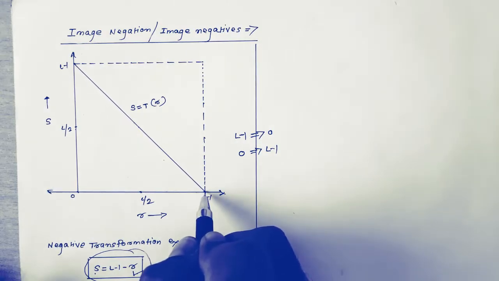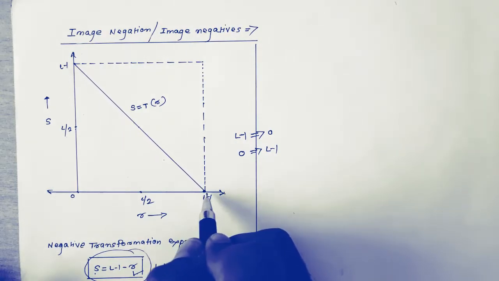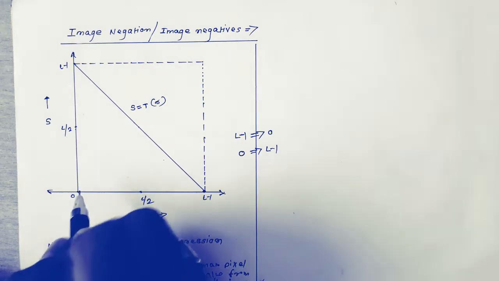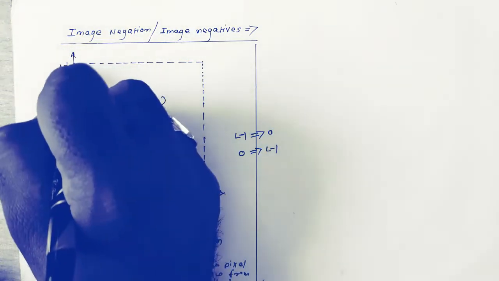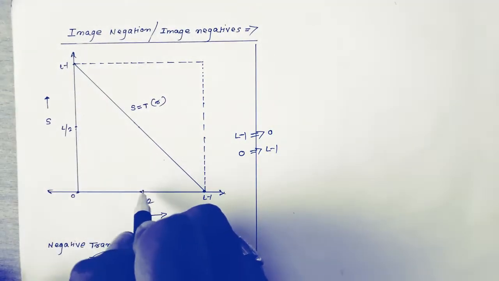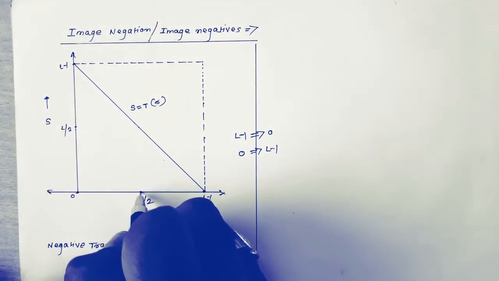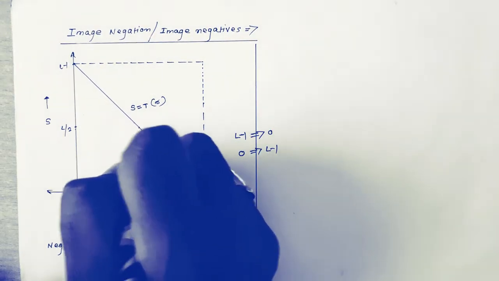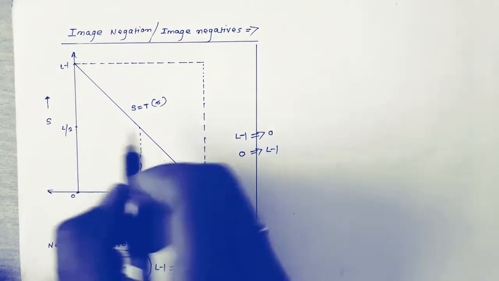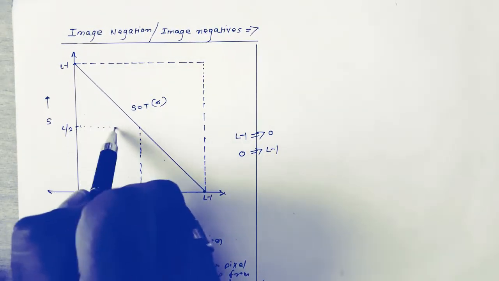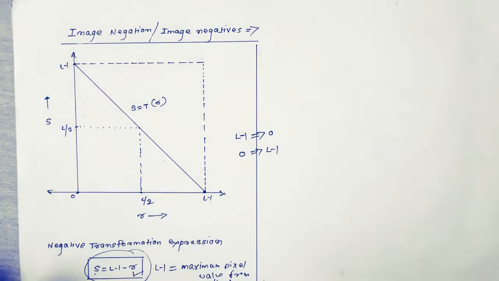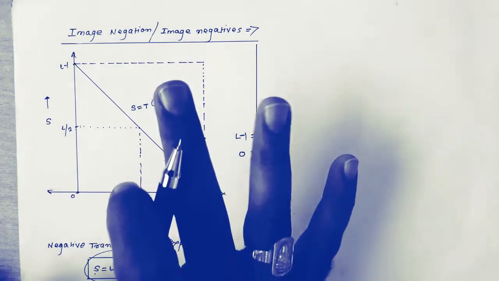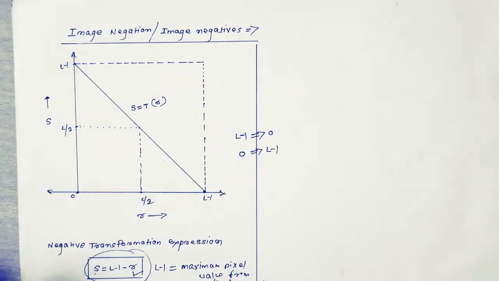The highest value in the input is mapped to the lowest value in the output, and the lowest value in the input is mapped to the highest value in the output, and the middle value in the input is mapped to exactly the middle value in the output. Just take this as an example: L by 2 is mapped to L by 2. So this is all about image negation.